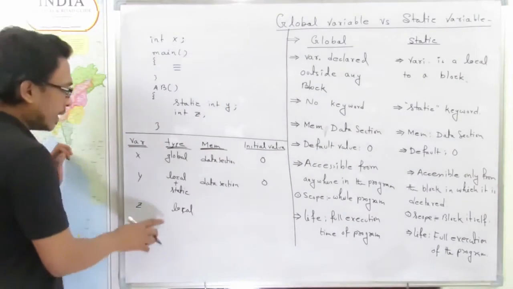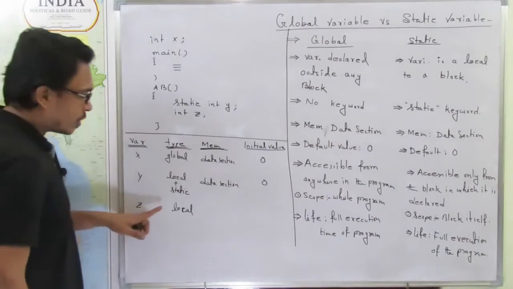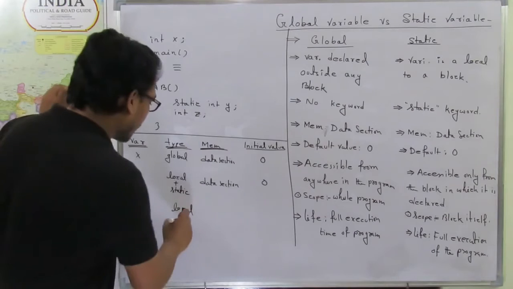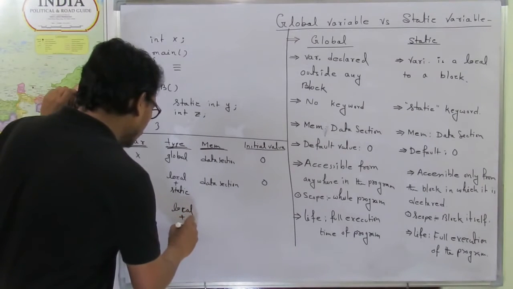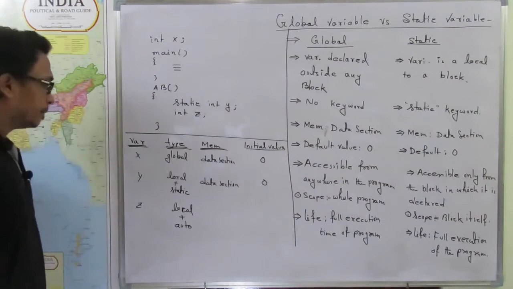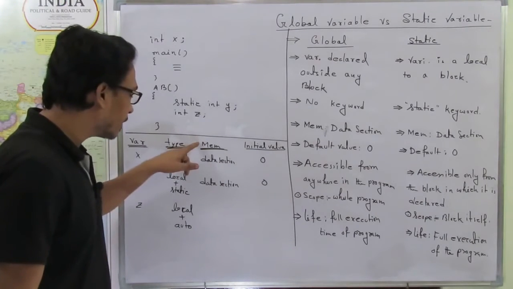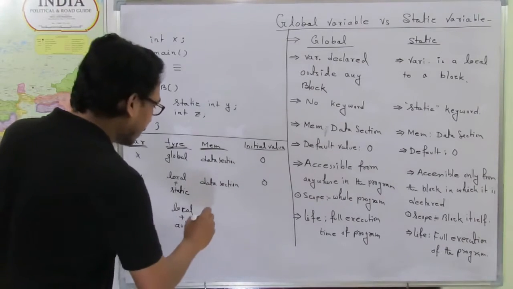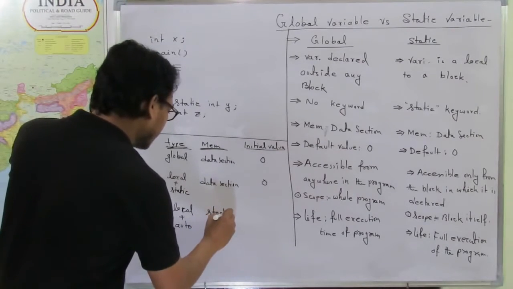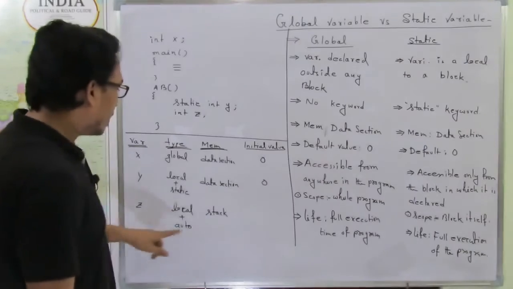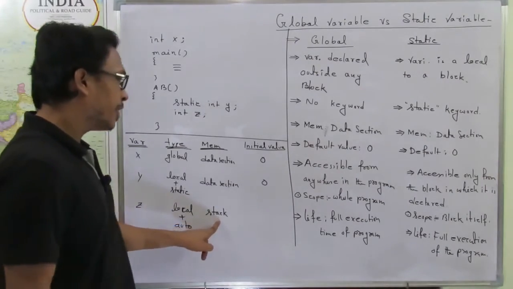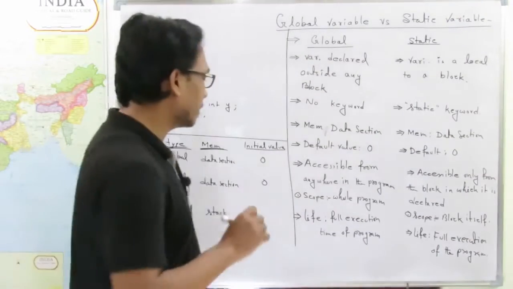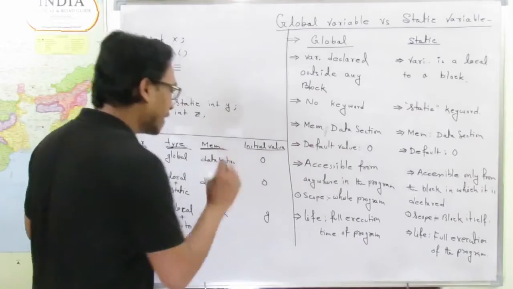So as this one is a local variable and not a static type variable, and the default storage class is auto, because of that the memory will be allocated from stack section, and whenever memory is allocated from stack section, the default initial value will be garbage value.